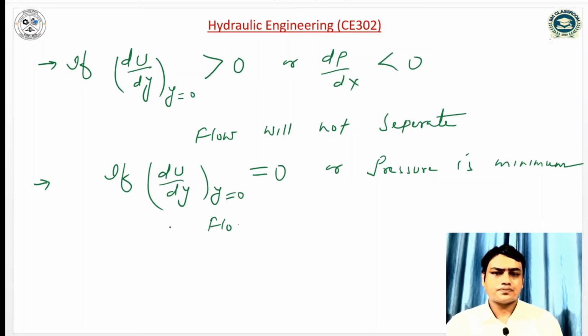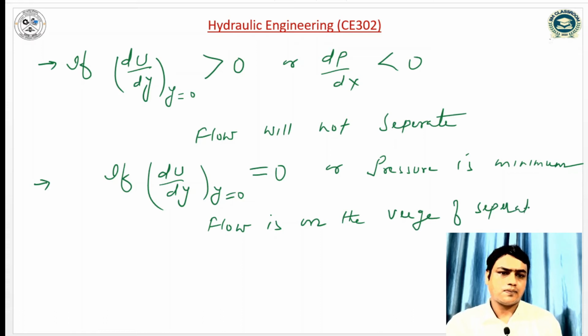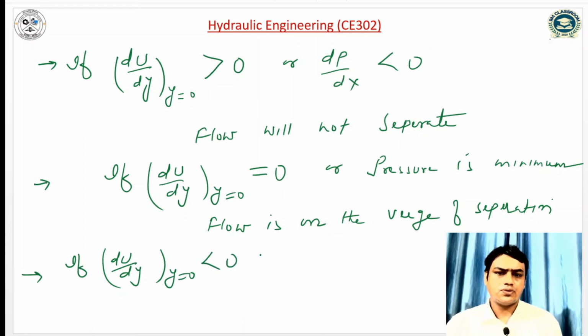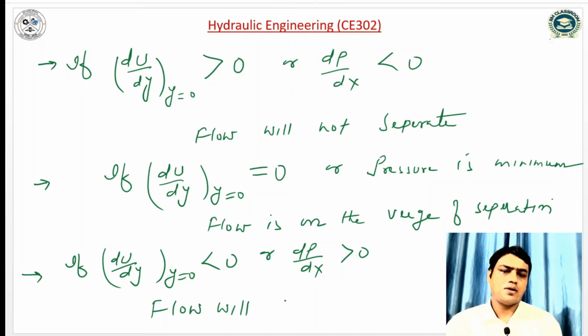Flow is on the verge of separation. And the third condition: if du by dy at y equal to 0 is less than 0, or dp by dx is greater than 0, then flow will separate.